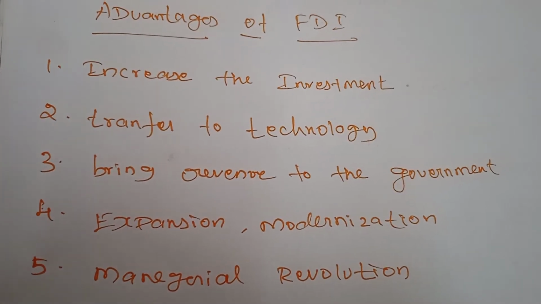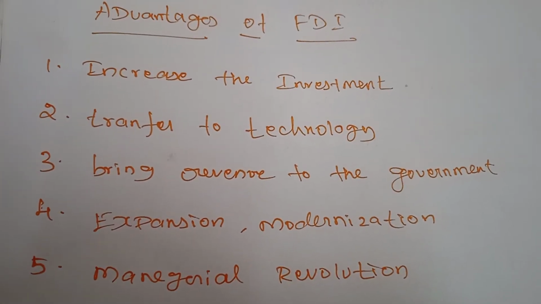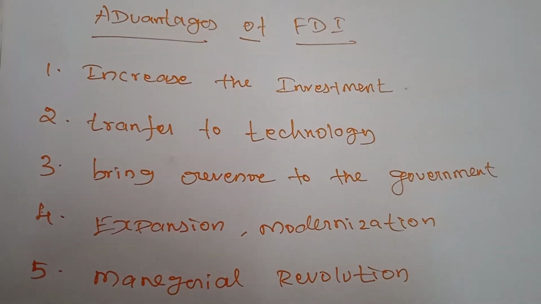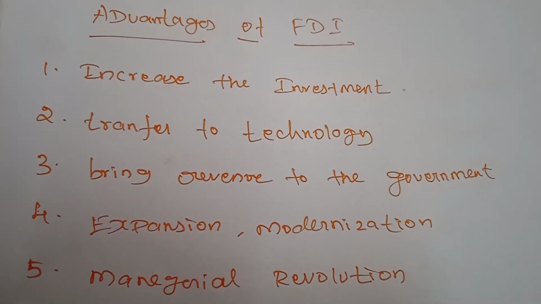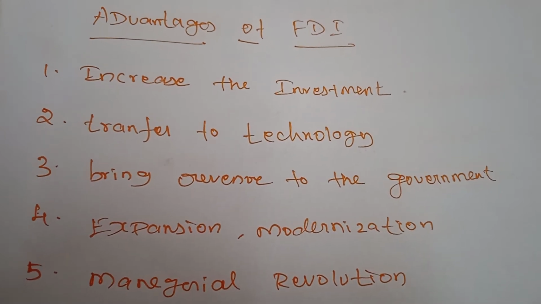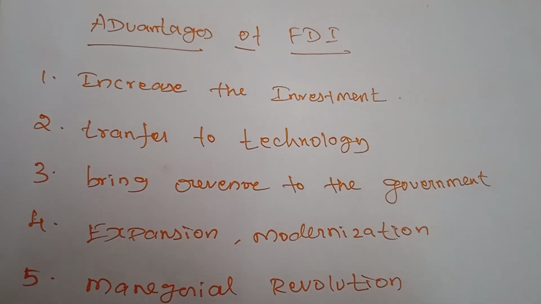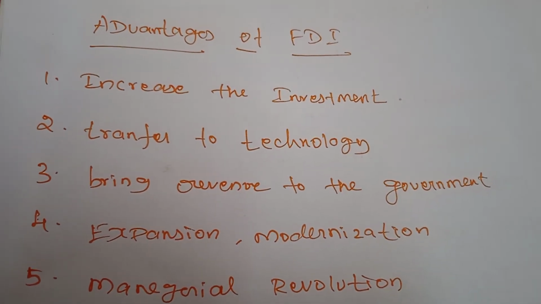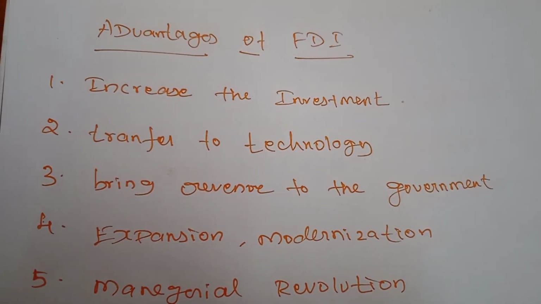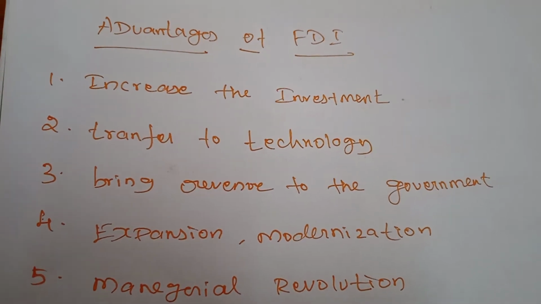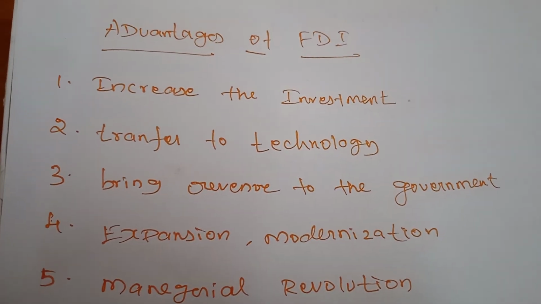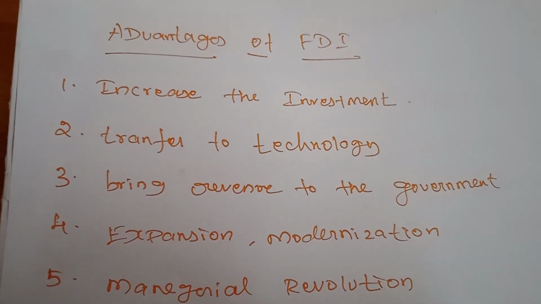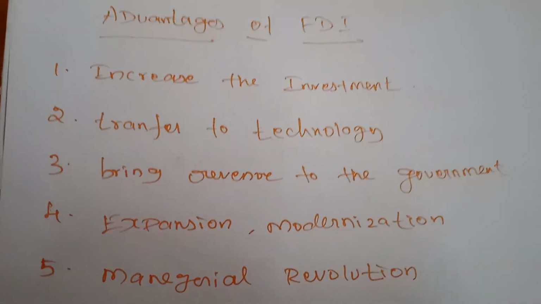Many developed nations can transfer their advanced technology to developing and underdeveloped countries only if you allow foreign direct investment, because the foreigners also will be increasing the productivity or the size of production in the host countries and branch countries. So if they allow the technology, it is possible.